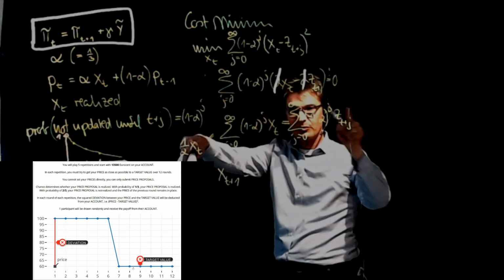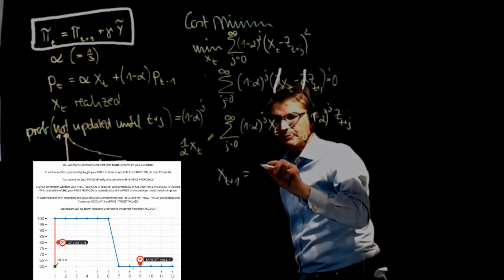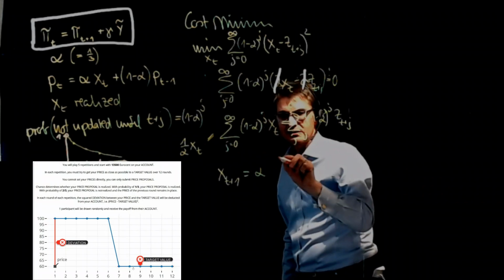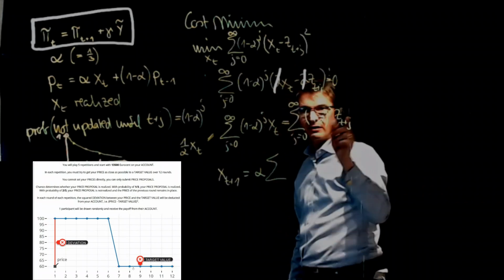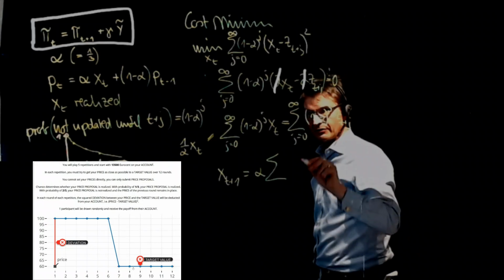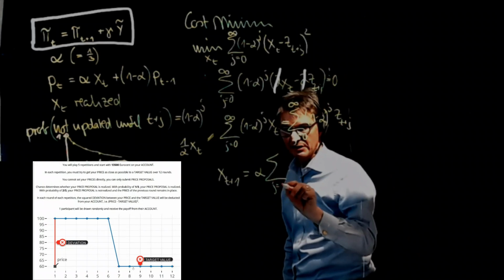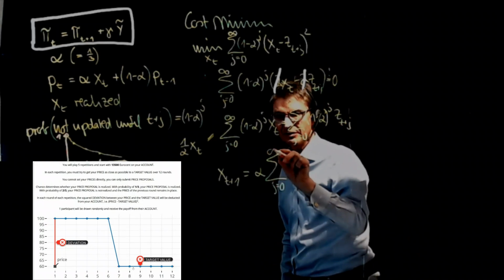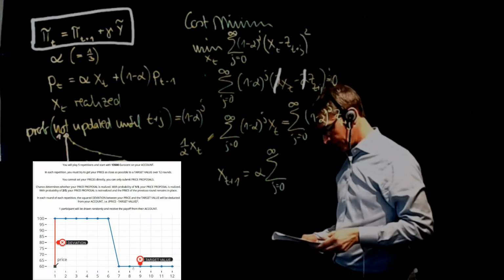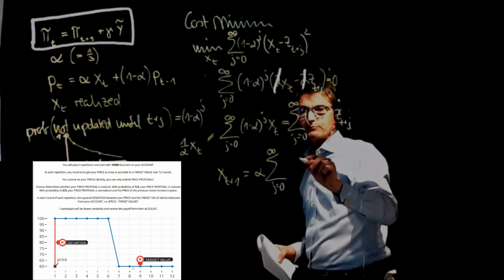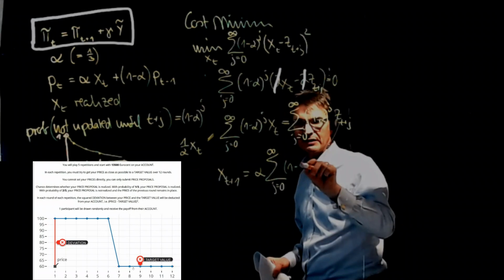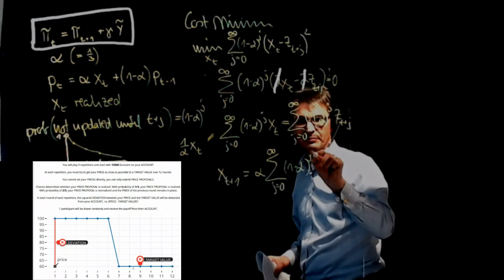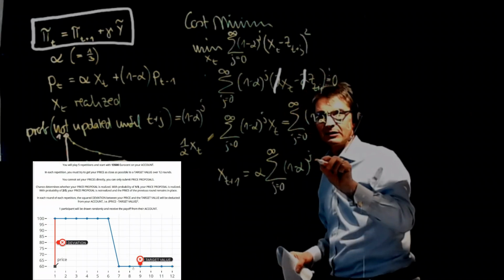Using this formula, it must then be equal to alpha times this sum running from j equal to 0 to infinity of (1 minus alpha)^j times z.